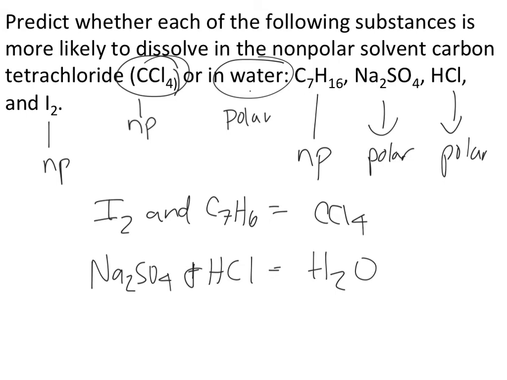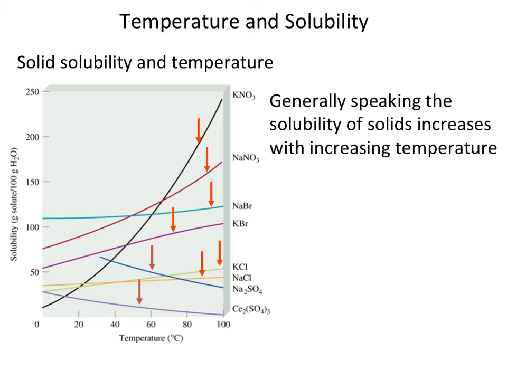So with these problems, just make sure you're identifying polar and nonpolar solvents, differentiating between those two, identifying the polar and nonpolar solutes, and basically matching them up in that manner. Okay, so the next thing we're going to talk about is temperature and solubility.